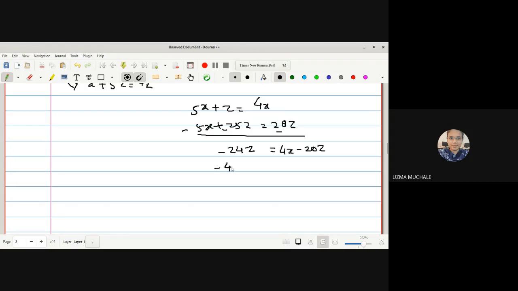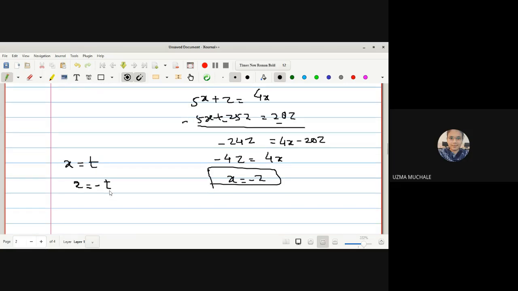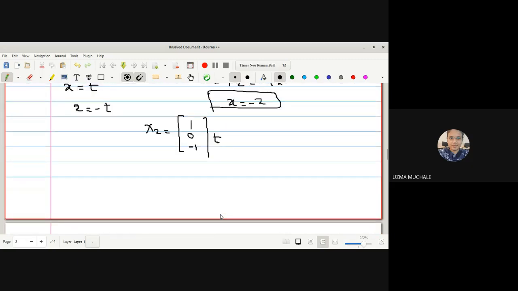So minus 4z is equal to 4x, which means x is equal to minus z. Hence we can give x is equal to t, which means that z is equal to minus t, and we get the vector x2 is equal to x is t, y is 0, z is minus t, and hence we get the eigenvector corresponding to lambda equal to 4.